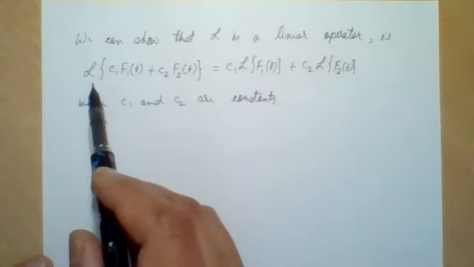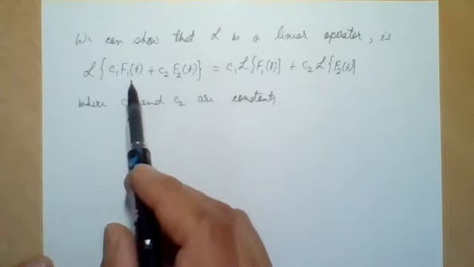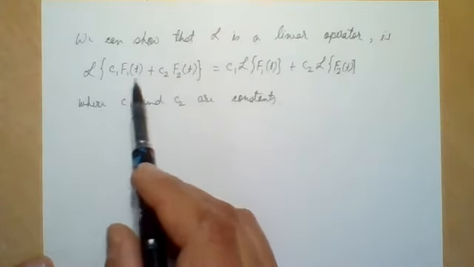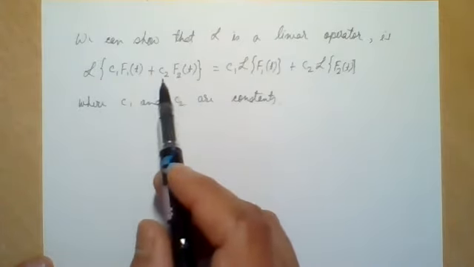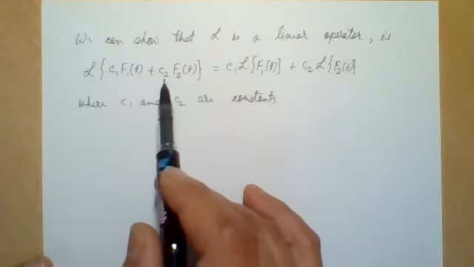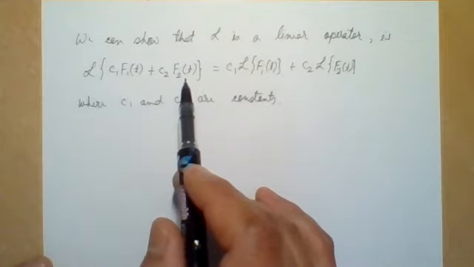This Laplace transform is acting on a superposition of two functions, F1 and F2. So F1 is multiplied by a constant C1, F2 is multiplied by another constant C2, and we add them. This is called a linear superposition of two functions, F1 and F2. F1 and F2 are arbitrary functions of t.